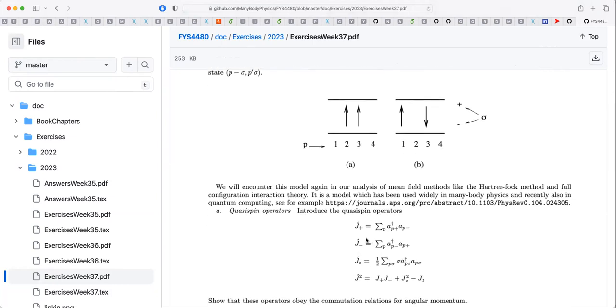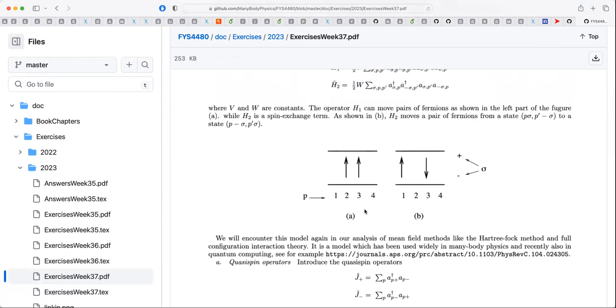It's a system where you now have only 2 levels. So you have one level where the spins are down, and each slot here, 1, 2, 3, 4, can represent different quantum numbers. But all these states, 1, 2, 3, 4, which you see here, they have in common that they have a spin down or spin up. This is up to you to choose whether you want to have spin up or spin down. So here we just label it with a spin up.